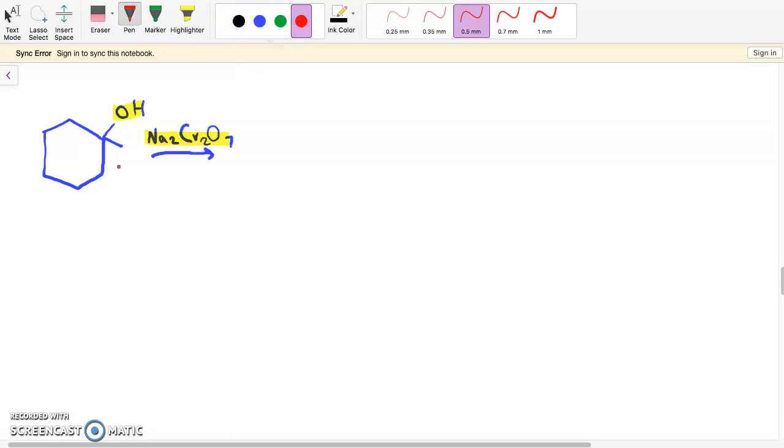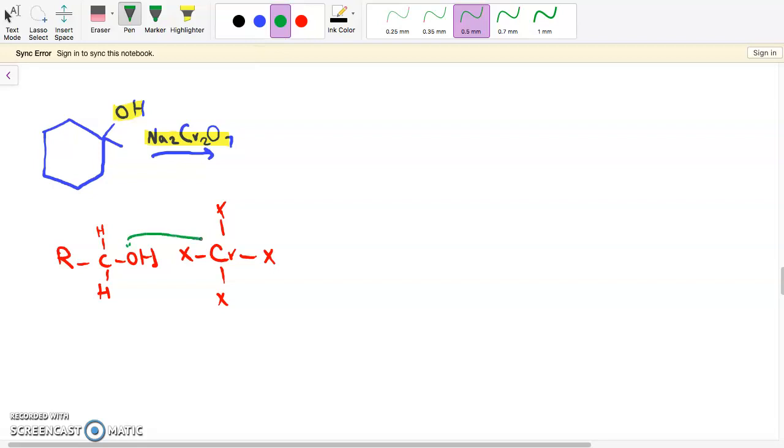And to give you a general idea of how this happens, so this is our alcohol, and the chromium can be in different forms, so I'm just going to call these X. And the first step is that this is going to attack, something must leave, and this gives us this intermediate.